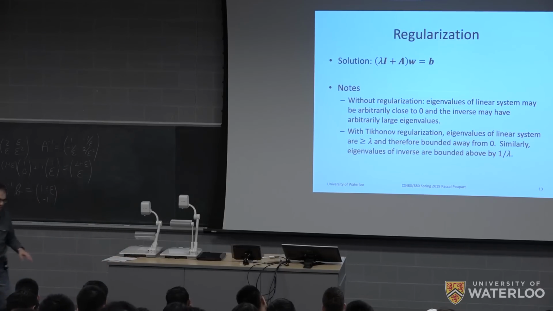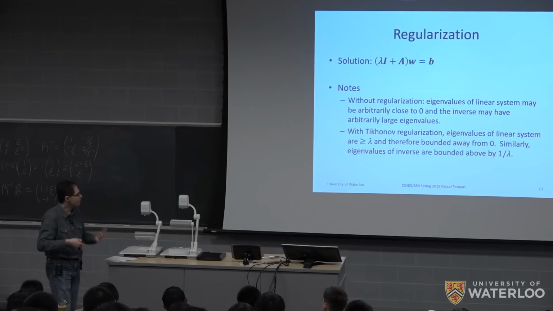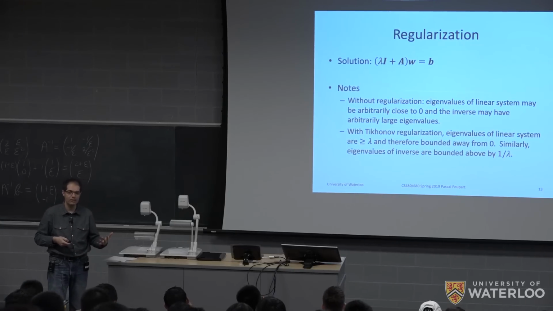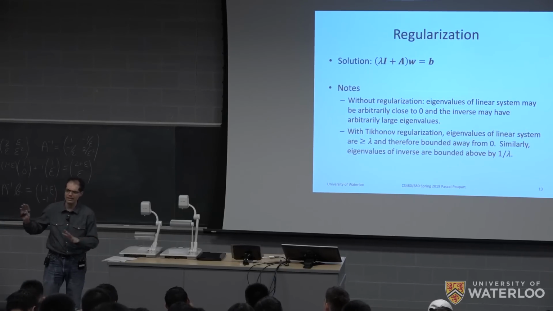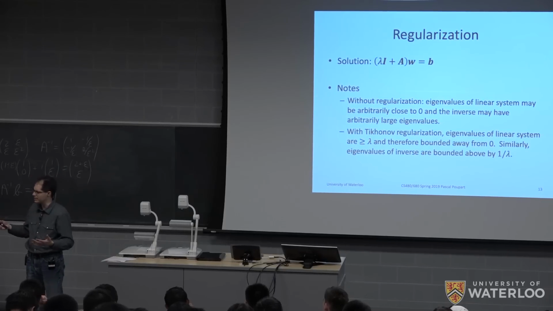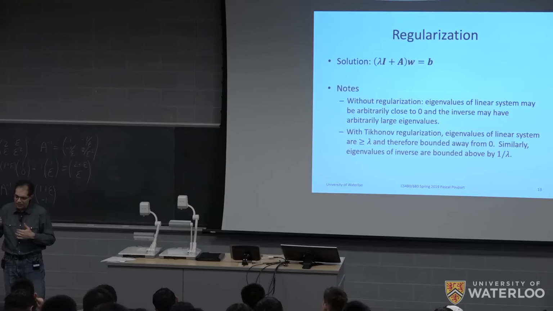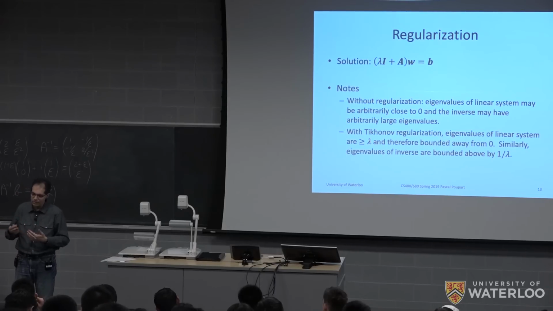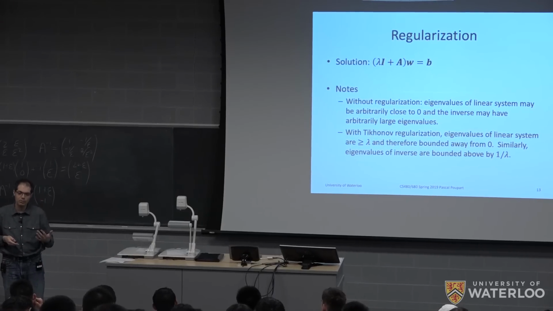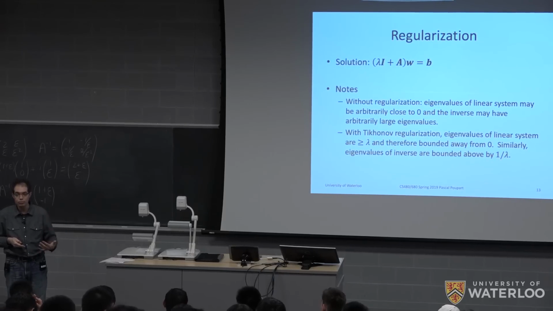For anybody who's familiar with linear algebra, this solution with respect to regularization has some interpretation in terms of eigenvalues. Earlier there was a question about whether we can necessarily invert the matrix A. Numerically it's not always possible. In theory it's supposed to be, but the problem is that some of the eigenvalues might be too small.